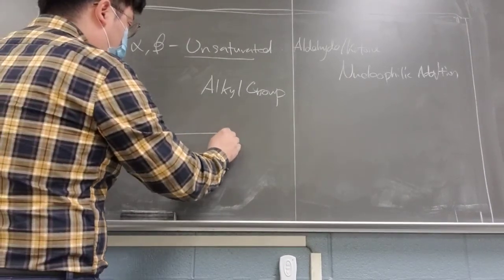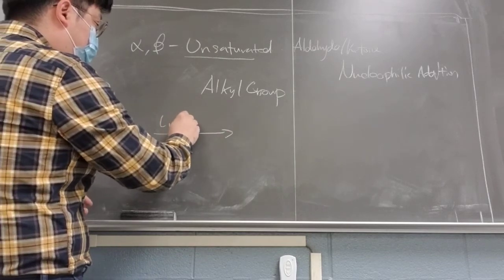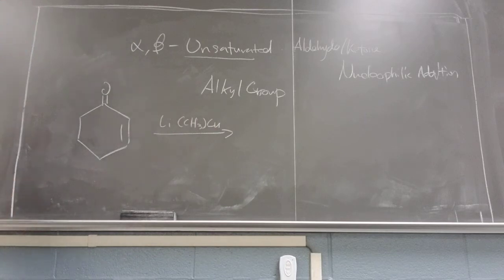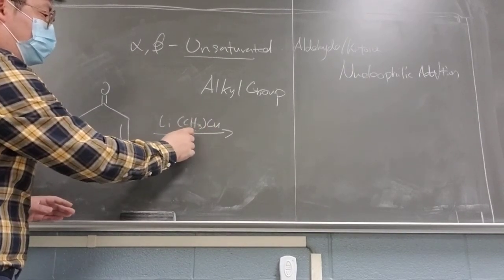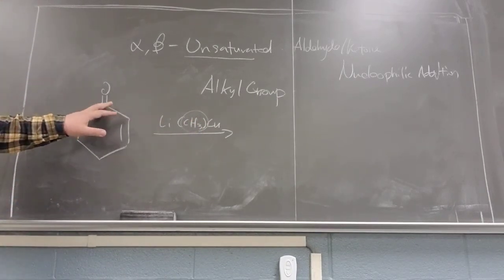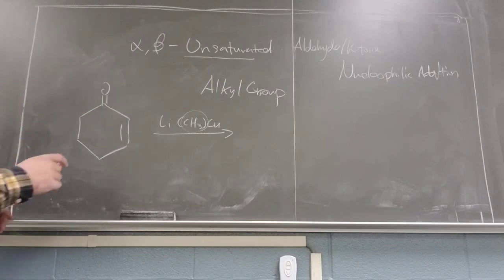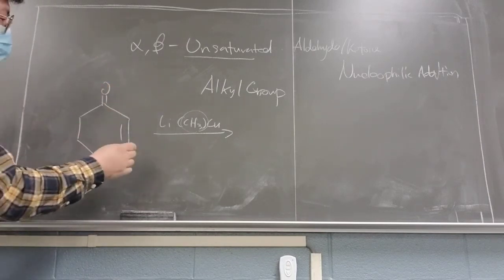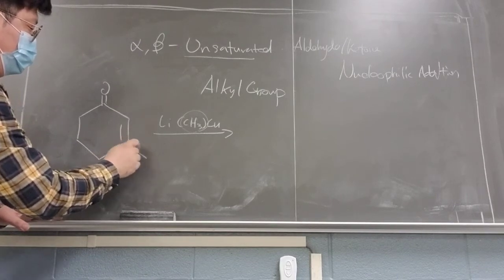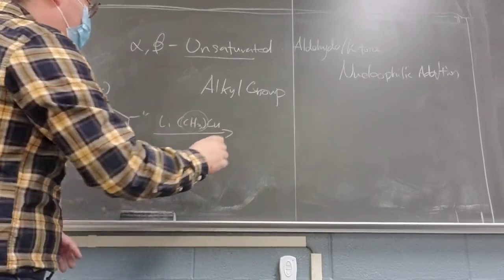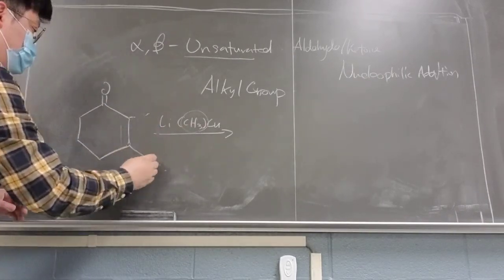So we have diorganocopper. And what you remember is they can replace one of the methyl groups over here, but not on the carbonyl group, not here. So they're gonna replace here and here.